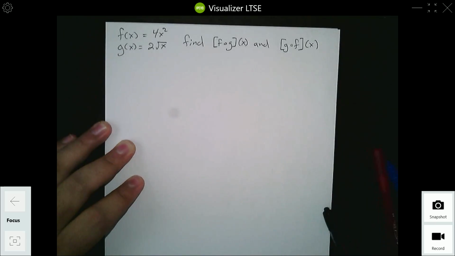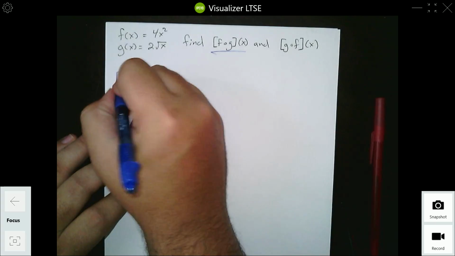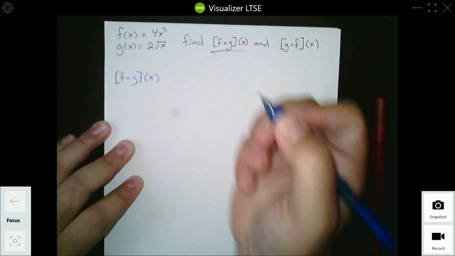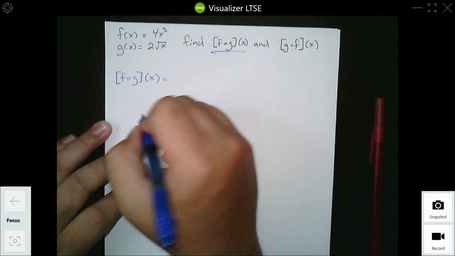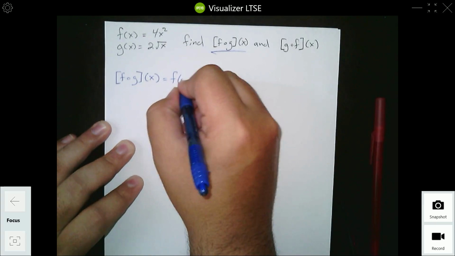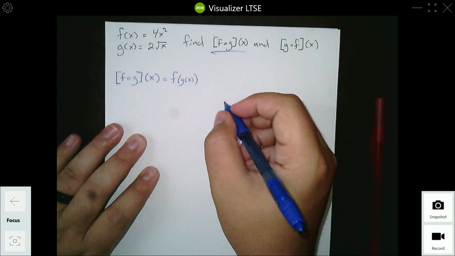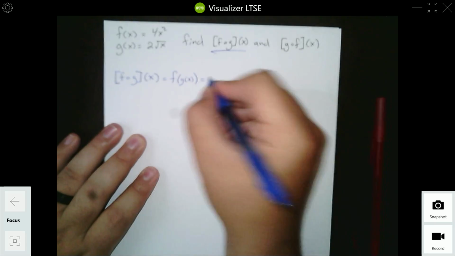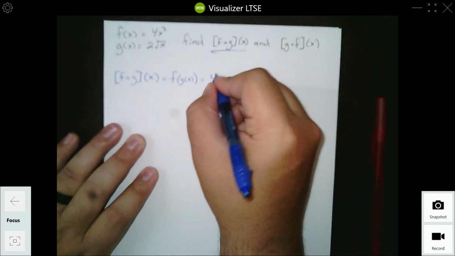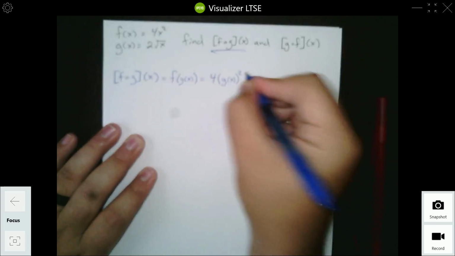Okay. So I'm going to take those. I'm going to find f of g first. So f of g of x, that is equal to 4 times g of x squared.